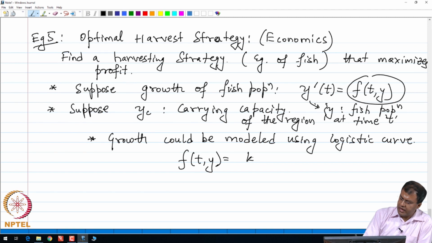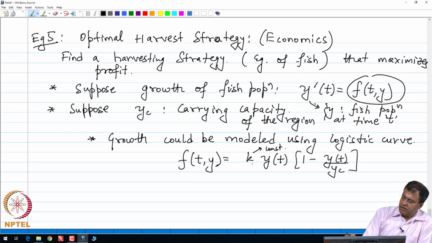It is k, where k is a constant, times y of t times 1 minus y of t divided by y c. We see that when the population exceeds the carrying capacity y c, the right hand side of this ODE becomes negative, right. Well, we assume that the constant k is positive. So, which means that after y c the fish population is going to start to fall.